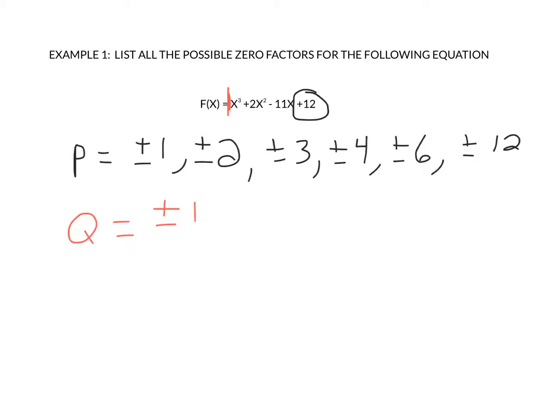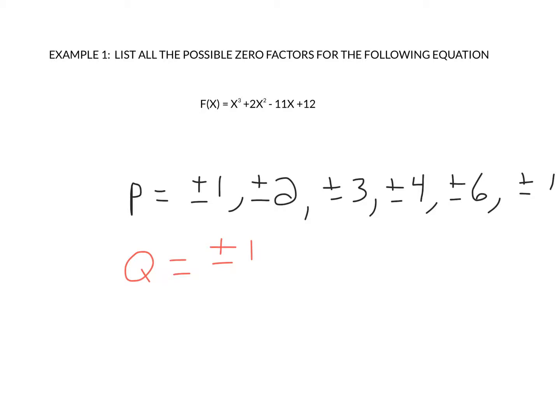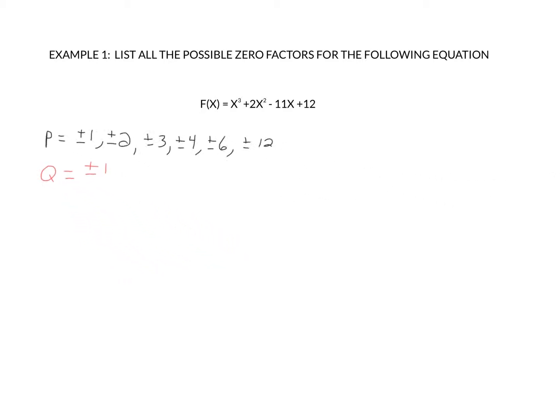Okay. So now that we have all this, let's actually start to work this out. So I'm going to move these over here. To do our possible factors, probably the easiest way is to list all the possible factors on the top over all the possible on the bottom.